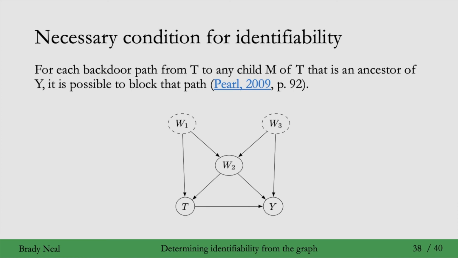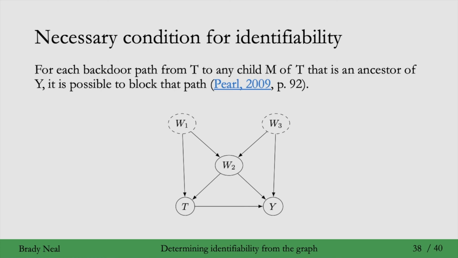So this condition isn't sufficient for identifiability, because even though we need to be able to individually block any of the backdoor paths from T to its children that are ancestors of Y, that doesn't mean that we'll be able to block all of these backdoor paths with a single conditioning set, which is what was required in the unconfounded children criterion on the previous slide.